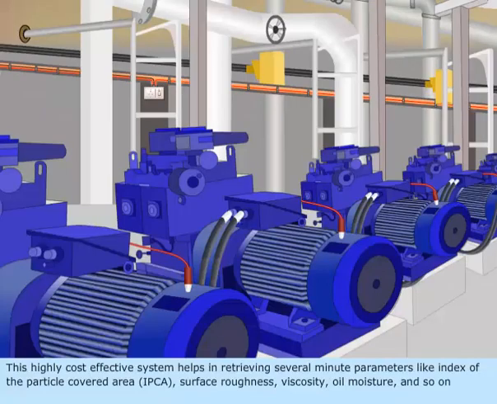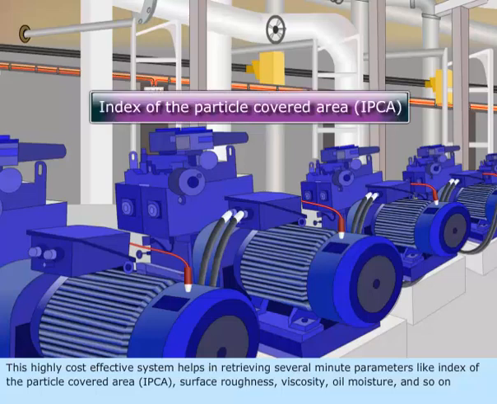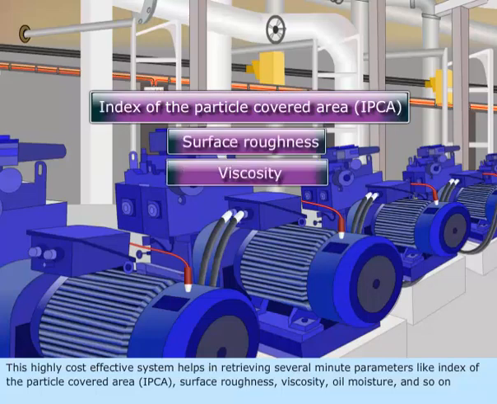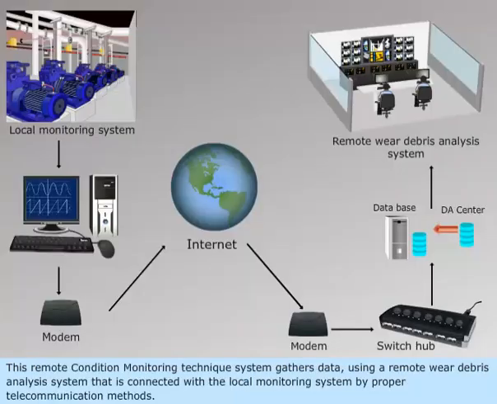This highly cost-effective system helps in retrieving several minute parameters, like index of the particle covered area, IPCA, surface roughness, viscosity, oil moisture, and so on. This remote condition monitoring technique system gathers data using a remote wear debris analysis system that is connected with the local monitoring system by proper telecommunication methods.